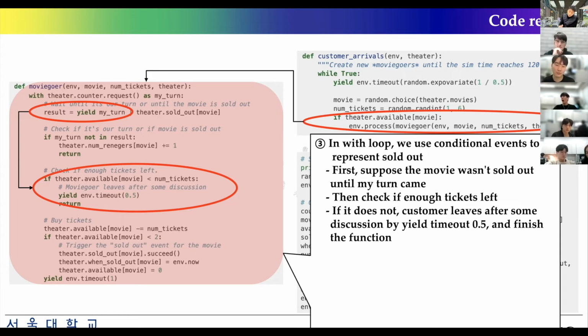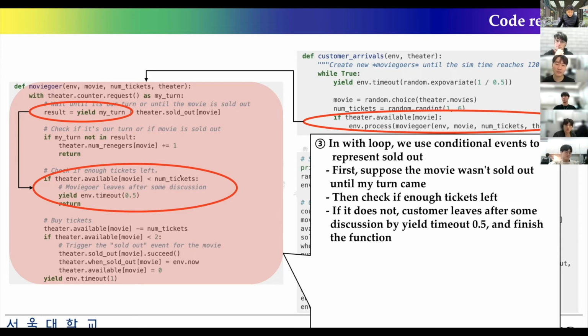Maybe he or she can ask the counter about other kinds of movies, or when he or she can see the wanted movie, or any kind of conversation. And by this return, this function will be finished.